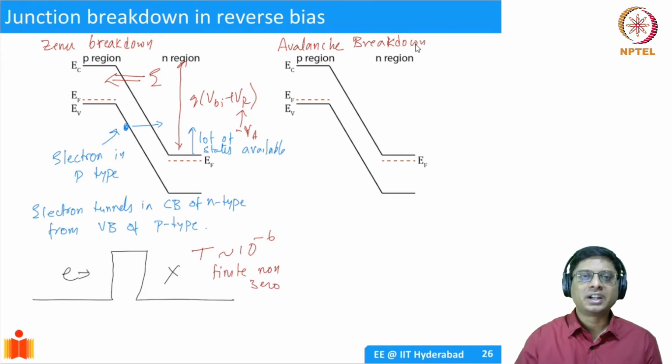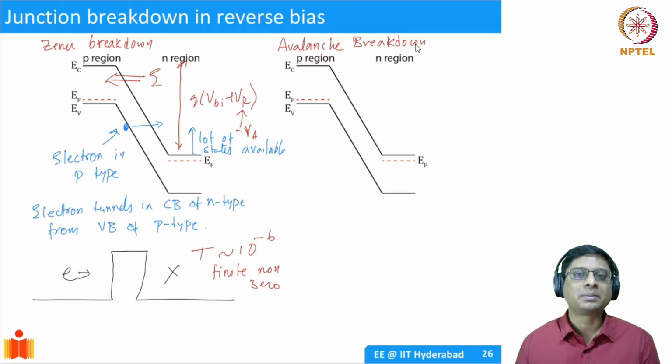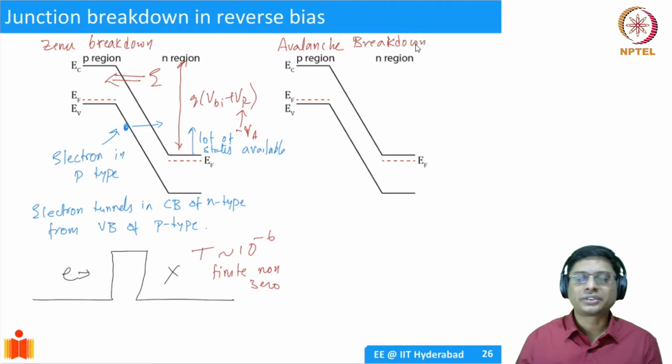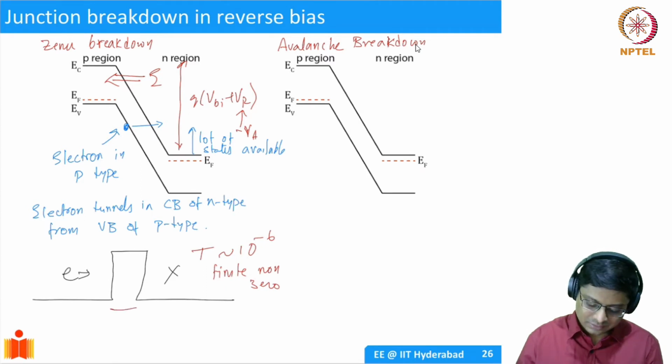What happens if you have that probability? Well, if you have 100 electrons, one of them is going to come. And the valence band is full of electrons, right? We have 10 power 22, that's the number of lattice atoms, and each of them has 4 electrons. So they can tunnel into the other side, and there can be a lot of current flow. This depends on the barrier width.